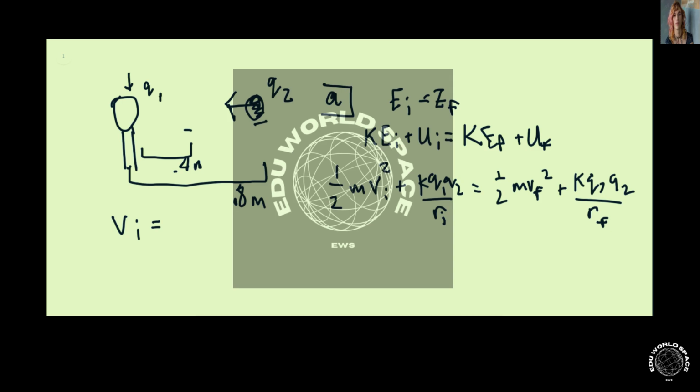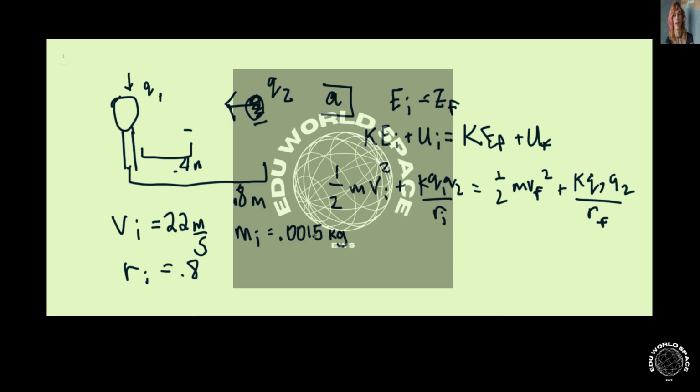V initial is 22 meters per second. And then R initial is 0.8. And then mass is 15 grams, so that's 0.015 kilograms, because there's 1,000 grams per kilogram.